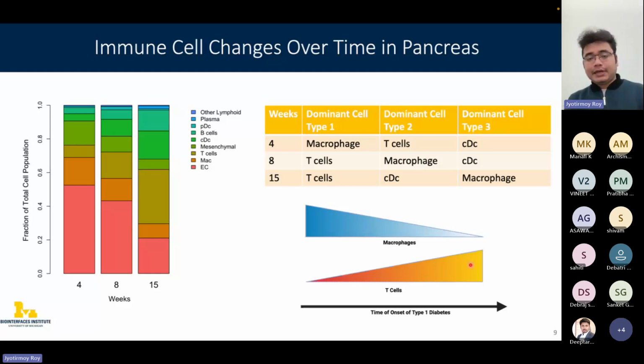And once the peptides are presented, the T cells become specific to the beta cells in the pancreatic islets, and then the T cells are the ones which go and kill the beta cells in the pancreas. So that's why they are increasing towards the end time point, where the destruction of the pancreas is taking place full-fledged. Whereas towards the early time point, it is the macrophages which are higher in number because they are the ones which play the role in the initiation of the disease. So that's what makes sense.